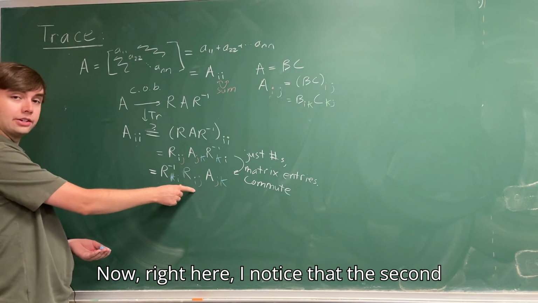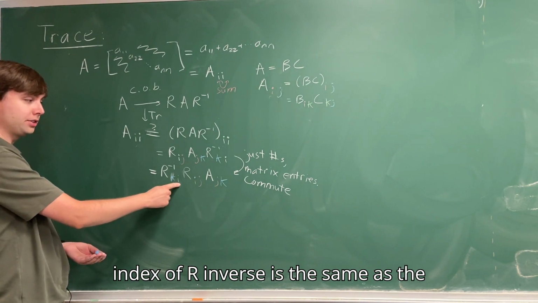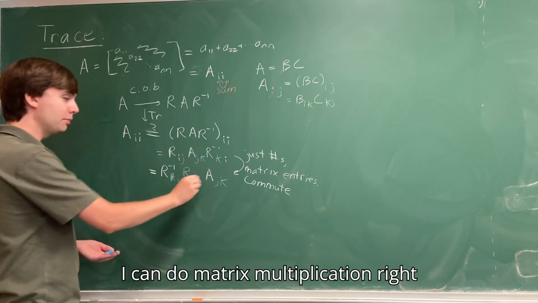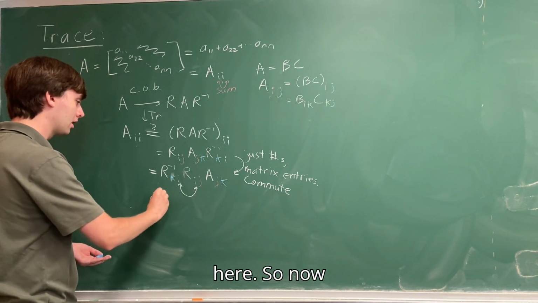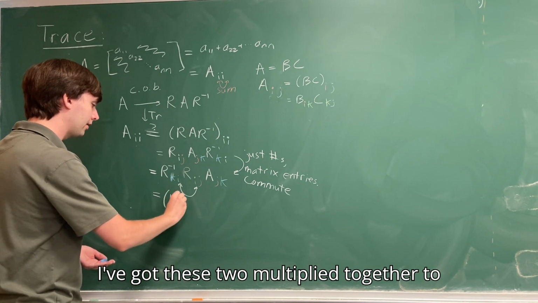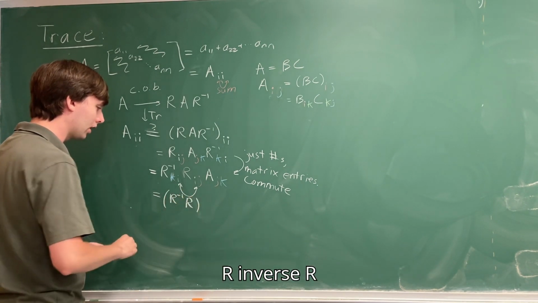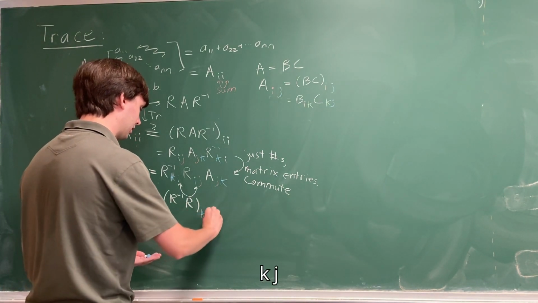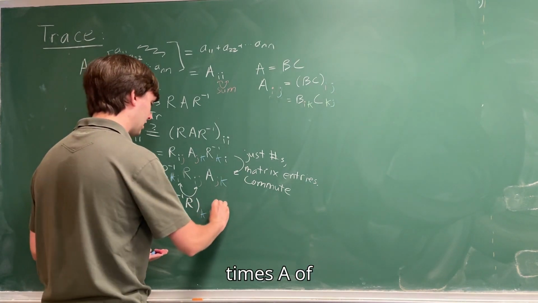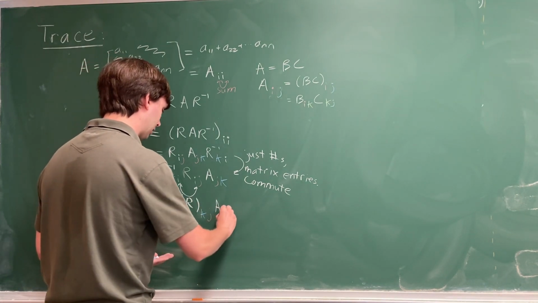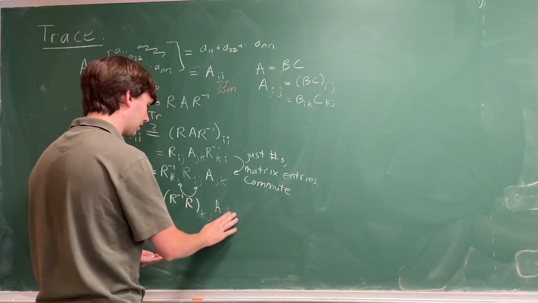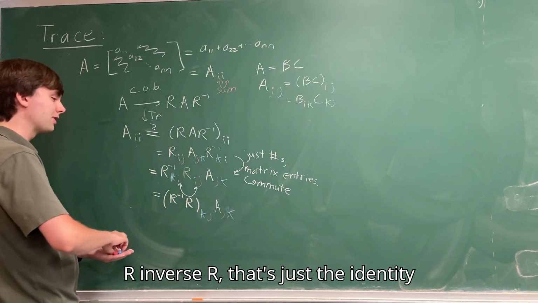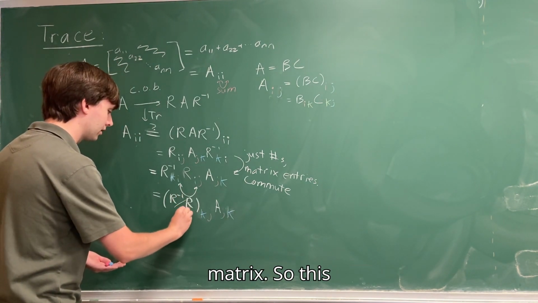Now right here, I notice that the second index of R inverse is the same as the first index of R. I can do matrix multiplication right here. So now I've got these two multiplied together to R inverse R, K J times A of J K. R inverse R, that's just the identity matrix.